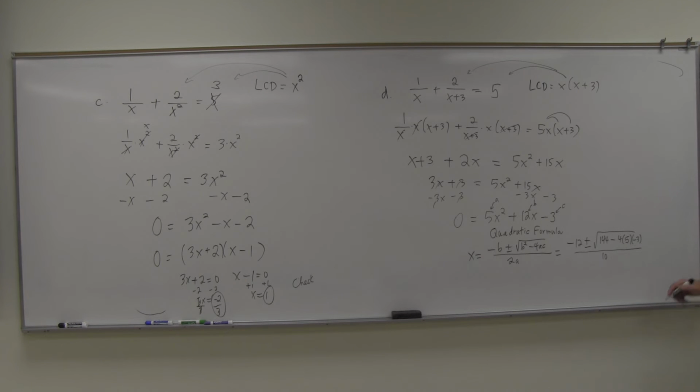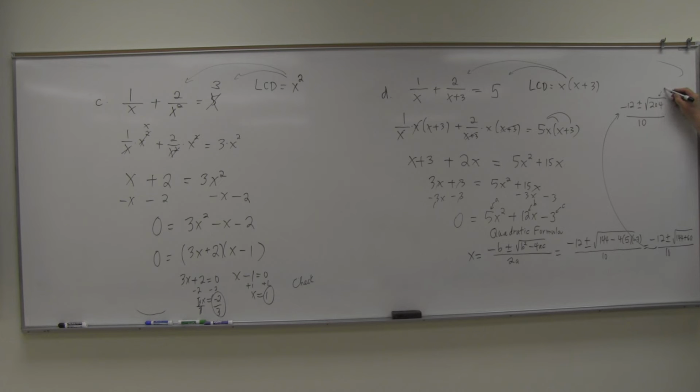And yeah, so these are not as nice solutions, are they? What do we got? 144 plus 60. So that's minus 12 plus or minus the square root of 204 over 10. And so, pretty good answer. You can do a little simplifying.